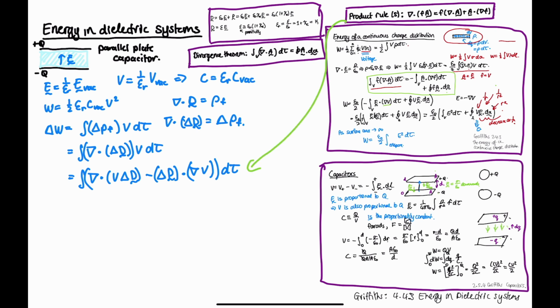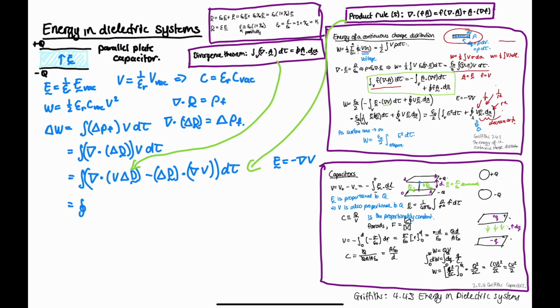Now, what we're going to do on the next step is use our divergence theorem on that first term. And on this second term, we're going to remember what we saw at the very start, that the electric field is minus the gradient of the voltage. So we can write this as replacing this volume integral here with the surface integral.